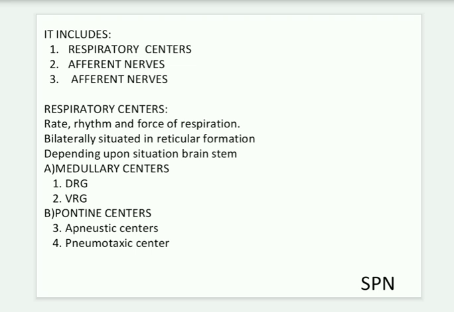Depending upon situation, brain stem respiratory centers are classified into two groups, that is your medullary centers and pontine centers. Your medullary centers are divided into two groups, dorsal respiratory group of neurons and ventral respiratory group of neurons, that is DRG and VRG. And in the pons there is the apneustic center and pneumotaxic center.